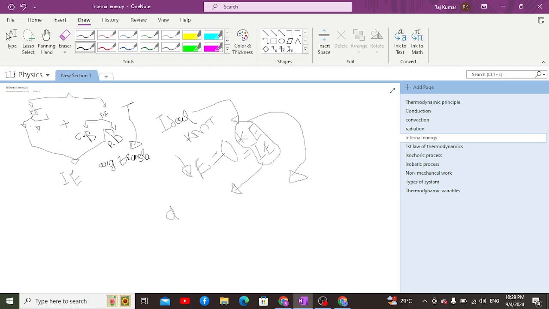If we talk about absolute zero, at absolute zero the kinetic energy of the system becomes zero and potential energy becomes maximum.